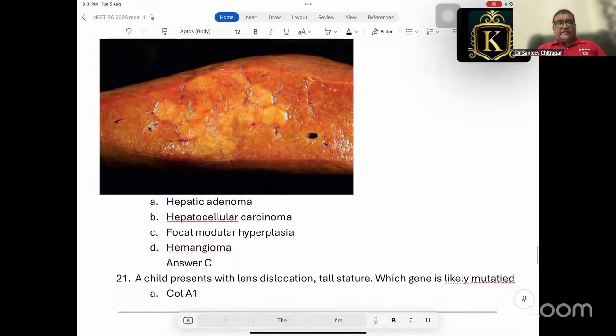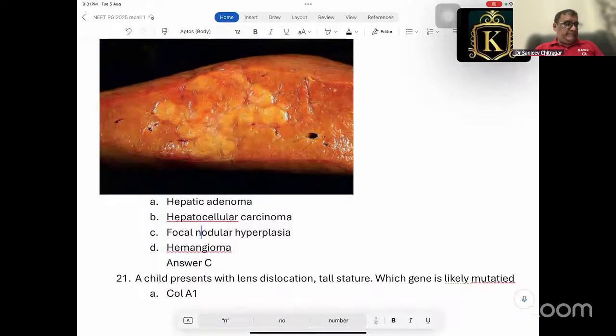In this, the answer is focal nodular hyperplasia, FNH. Another condition where you can see it is fibrolamellar HCC. Grossly, it will be very difficult to distinguish fibrolamellar HCC from focal nodular hyperplasia. So a stellate scar could be seen even in fibrolamellar HCC.